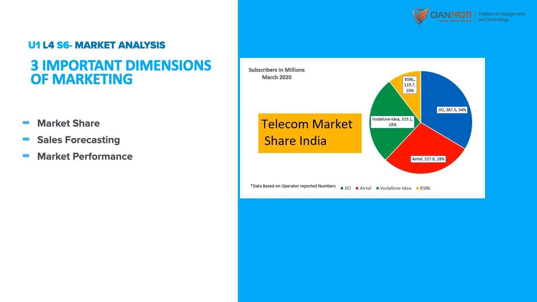Because for analytics, you need that data. And before you talk about your marketing analytics, you need all this data to try to have the right positioning, the right segmentation. So we start with the market share as one of the dimensions.